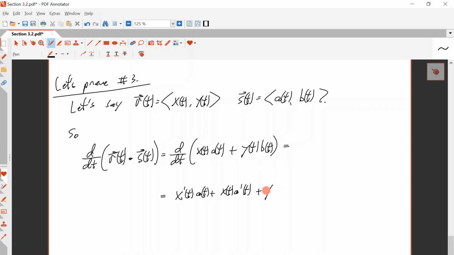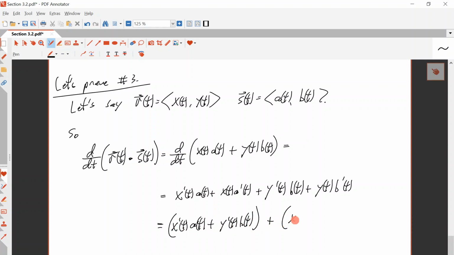Plus product rule here, y prime(t) b(t) plus y(t) b prime(t), with ordinary multiplication. But this is x prime, y prime, just juggling around the terms. x prime(t) a(t) plus y prime(t) b(t) plus x(t) a prime(t) plus y(t) b prime(t).